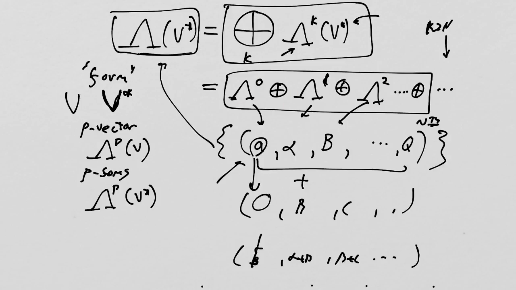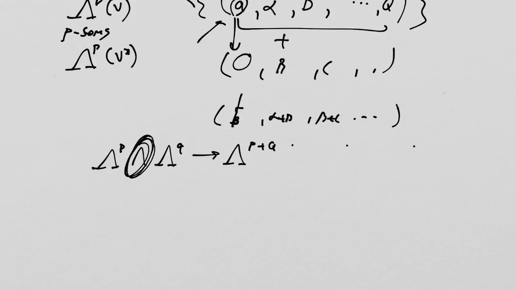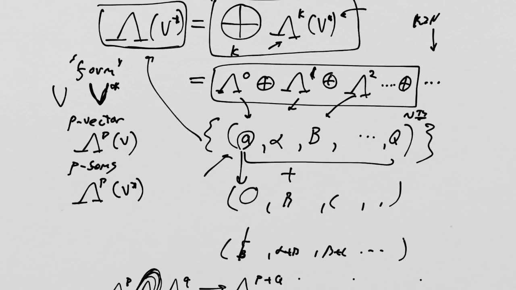Now, when we understand that an element of the pth exterior power wedged with an element of the qth exterior power is an element of the p plus qth exterior power, we can actually use this operation as the multiplicative operation on this space.